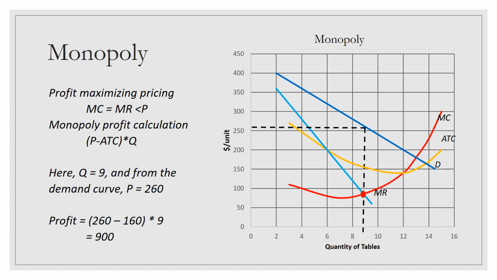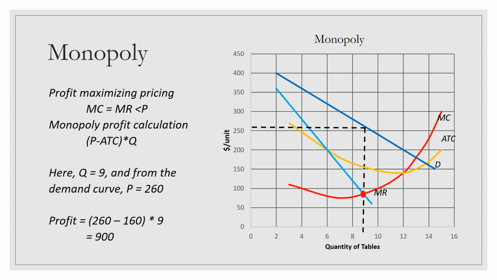So the monopoly price is determined by finding where marginal revenue equals marginal cost. That gives you the quantity. Then take the quantity up to the demand curve to find the monopoly price. Okay, is that clear?